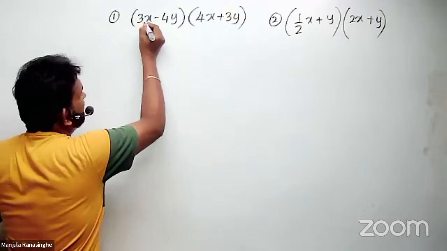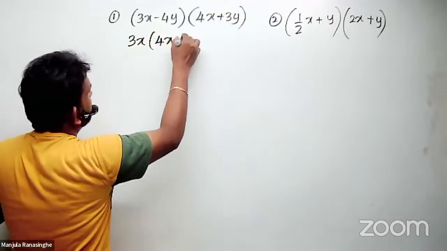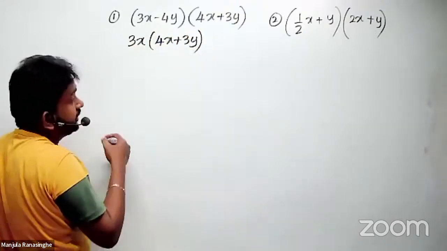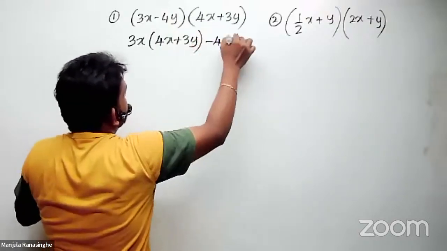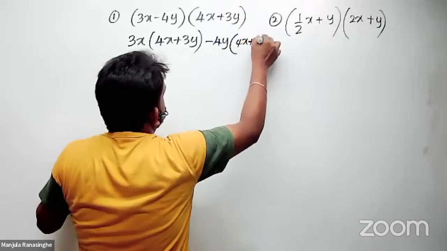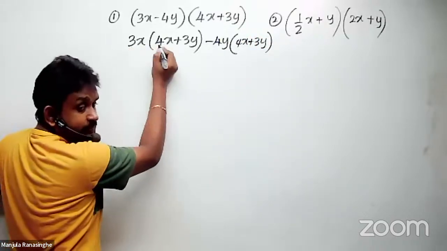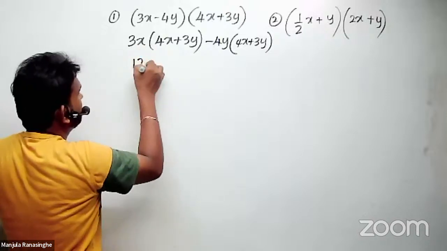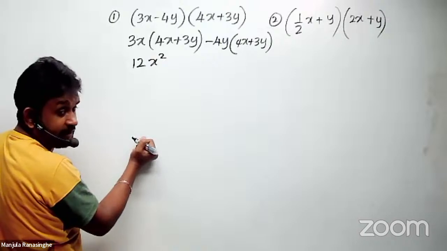Right. 3x is taken and I multiply it by 4x plus 3y. Then secondly, minus 4y is taken and I multiply it by 4x plus 3y. Now 3 into 4, 12, x into x, x squared.